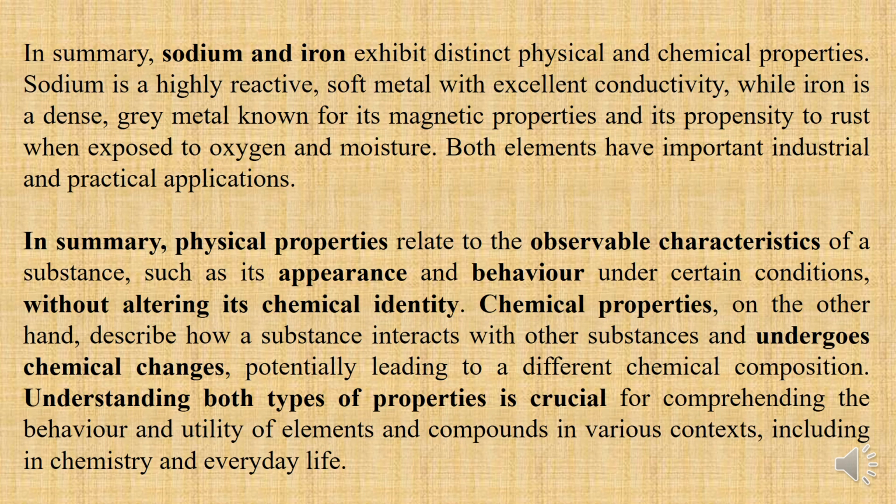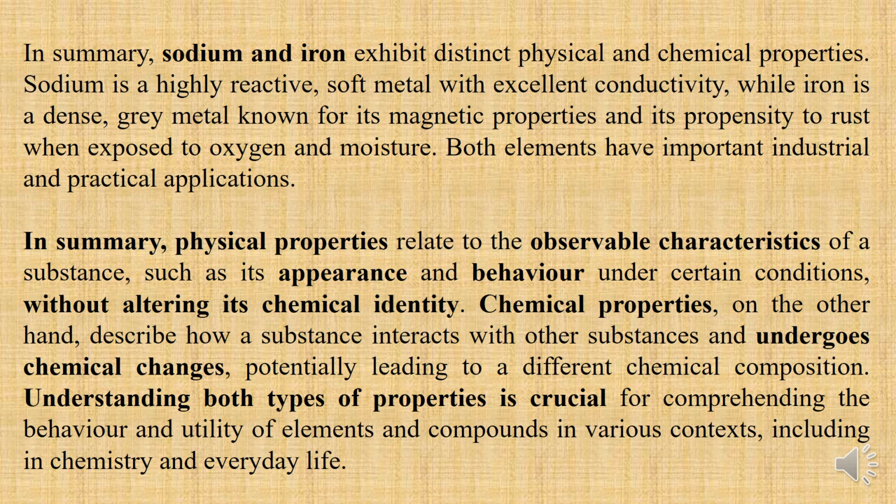Now in summary, sodium and iron exhibit distinct physical and chemical properties. Sodium is a highly reactive, soft metal with excellent conductivity, while iron is a dense gray metal known for its magnetic properties and its propensity to rust when exposed to oxygen and moisture. Both sodium and iron have important industrial and practical applications.